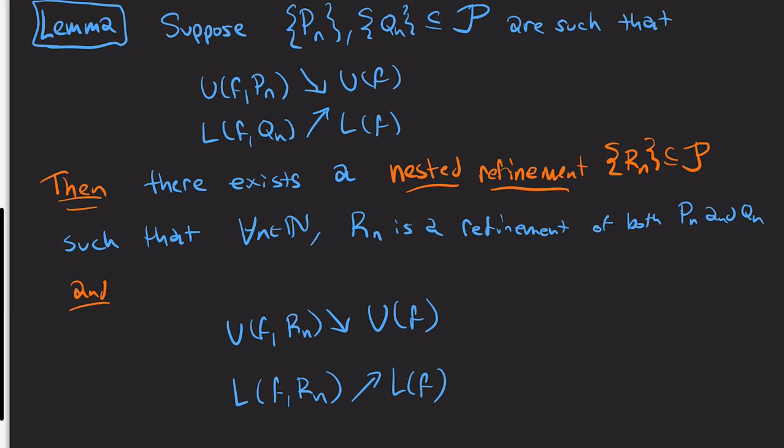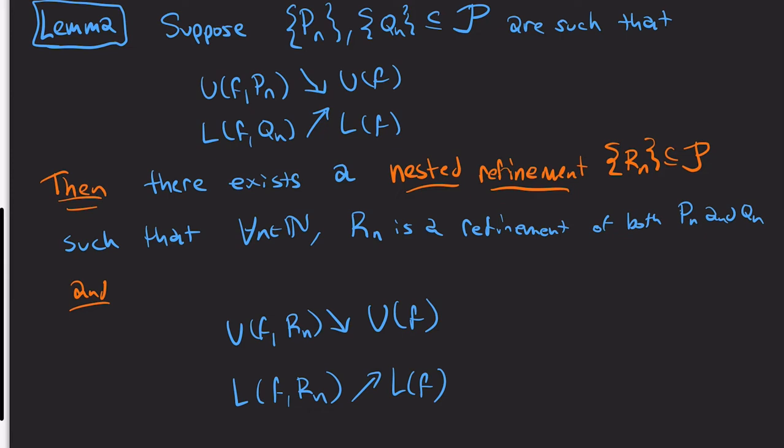The crux of this is, I have these two different sequences of partitions, but it would be nice if I could have one sequence of partitions that's common to both, and such that it's a nested refinement, because it's a nice object to work with. That is exactly what we're going to show.